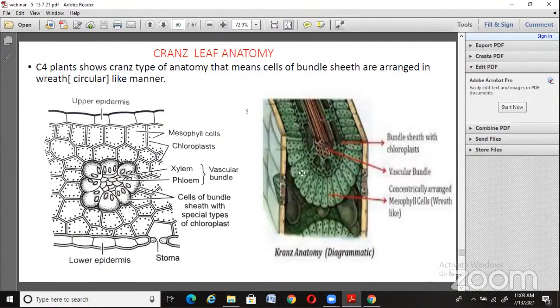Here also you find this Kranz type of anatomy. See here, the centrally located tissues are vascular tissues, which are surrounded by large cells, and this single cell thick layer, with cells arranged one after the other, is called the bundle sheath. The cells of the bundle sheath have a special type of chloroplast, belonging to the agranal type.